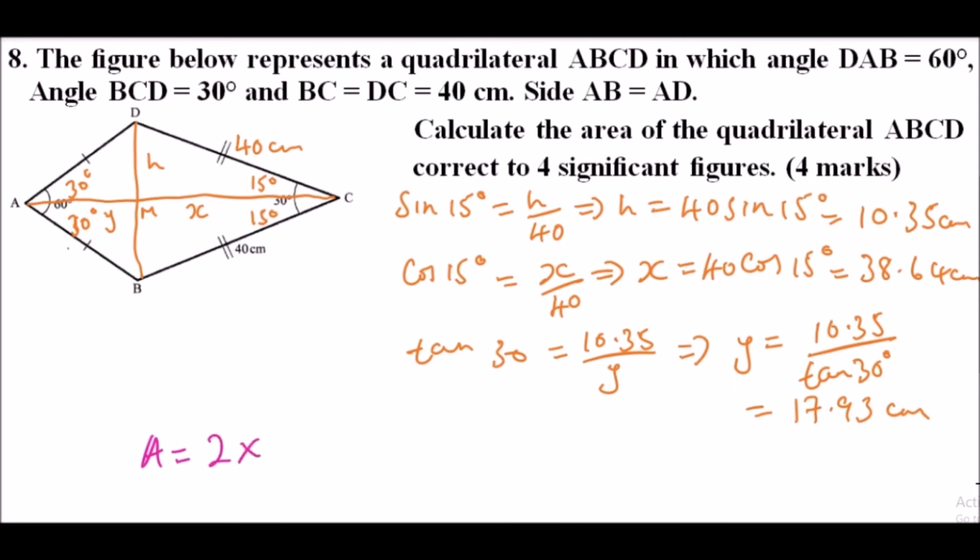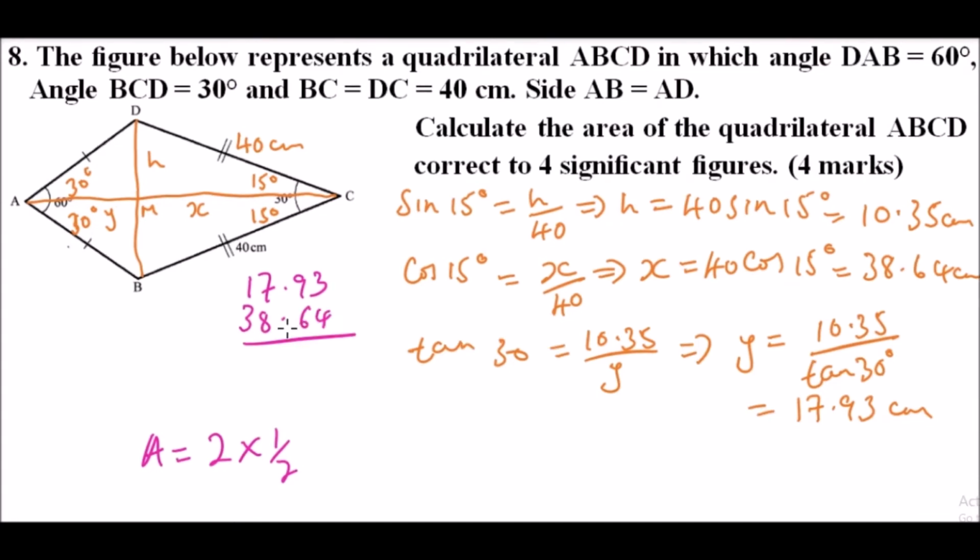So with that, now we can find the area. Area is equal to a half base times height. When you add x and y to get AC, y is 17.93, and x is 38.6.